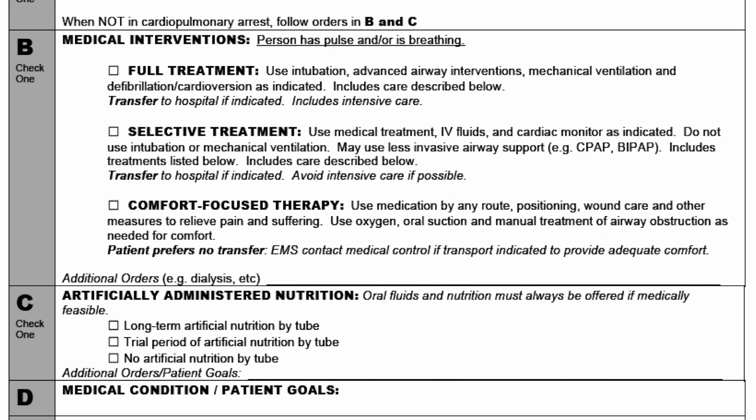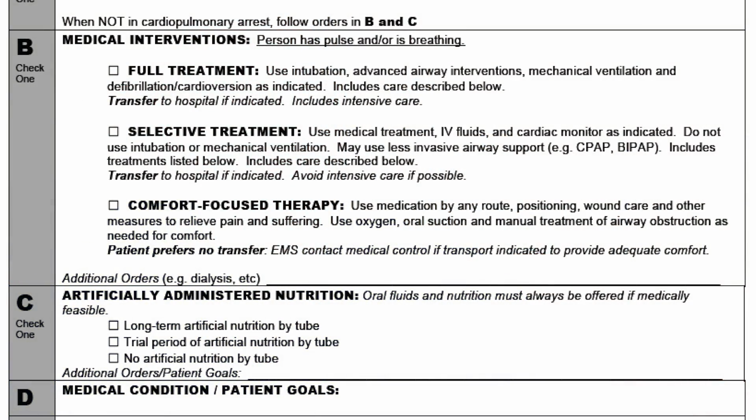Going down to box B, now we're getting more into the actual interventions that a patient may want if the patient has reached a point where they're very ill, maybe there's been some type of change in their status. The example I like to use with my patients is that, again, we're using this in an anticipated last year of life.